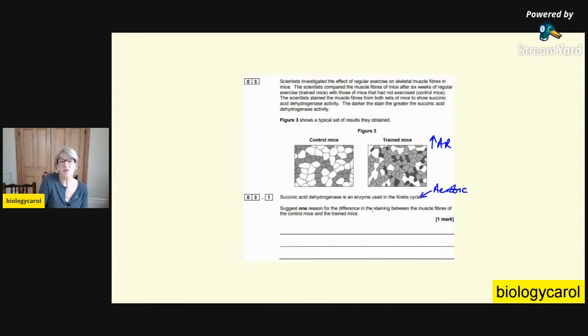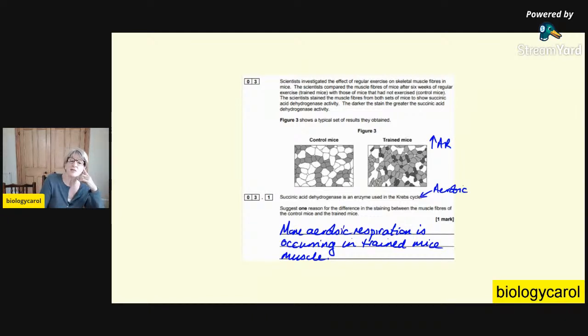Suggest one reason for the difference in the staining between the muscle fibers of the control mice and the trained mice. I thought I did the whole slow twitch thing. More aerobic respiration is occurring in the trained mice muscle. And there's your mark point there. So I've got the mark.